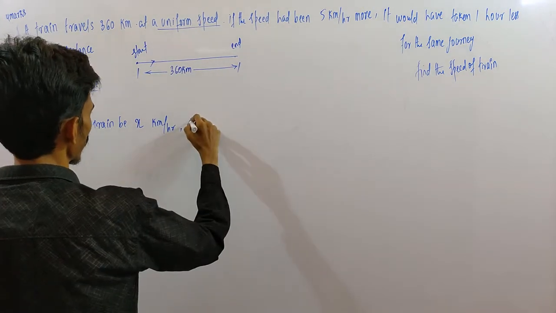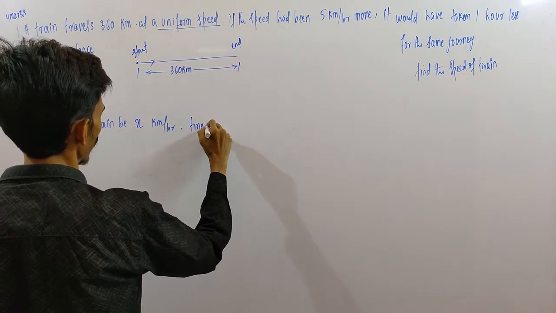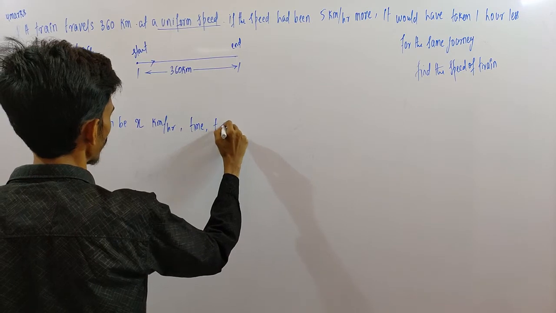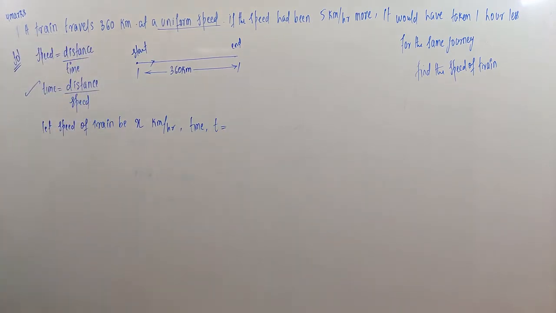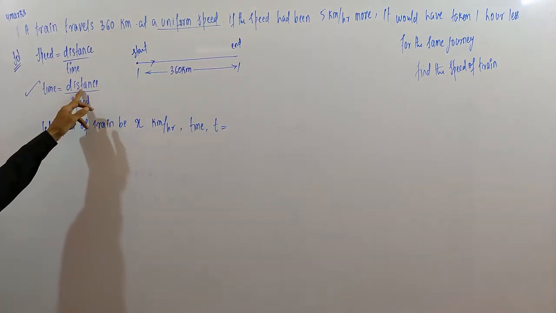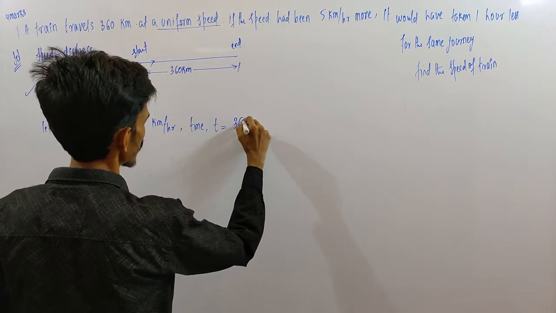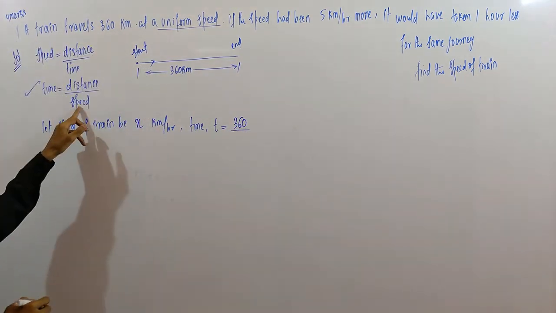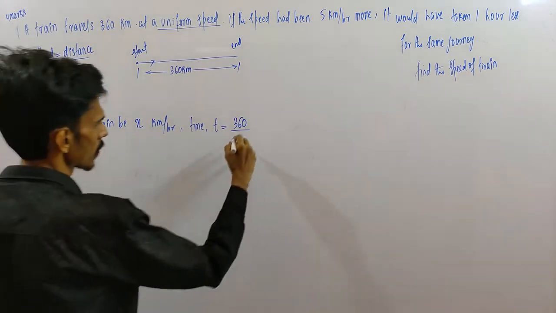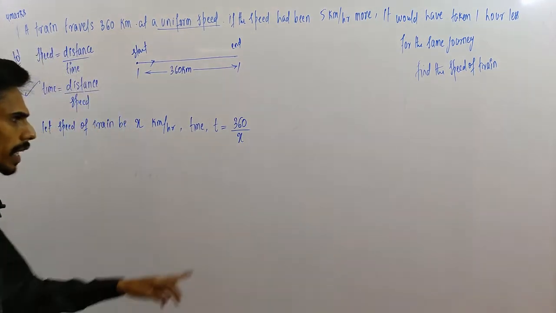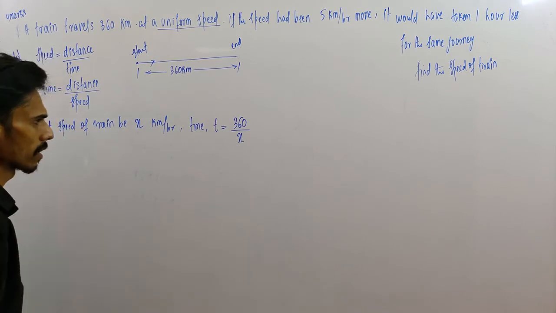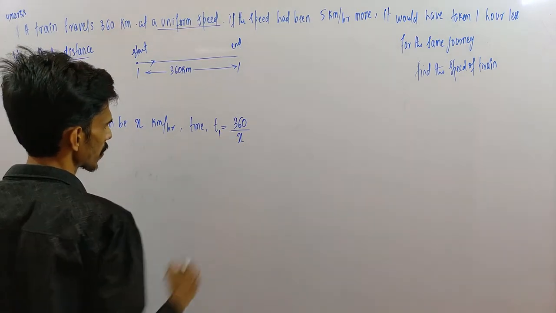Now then time t will be, what is the formula for time? Time is distance by speed. Distance is how much? 360 divided by speed. Speed we have taken x. So time is 360 by x. Now let us take this time as t1.